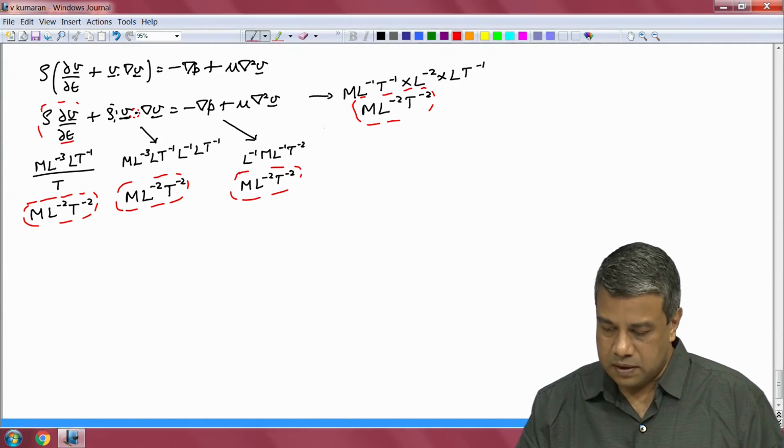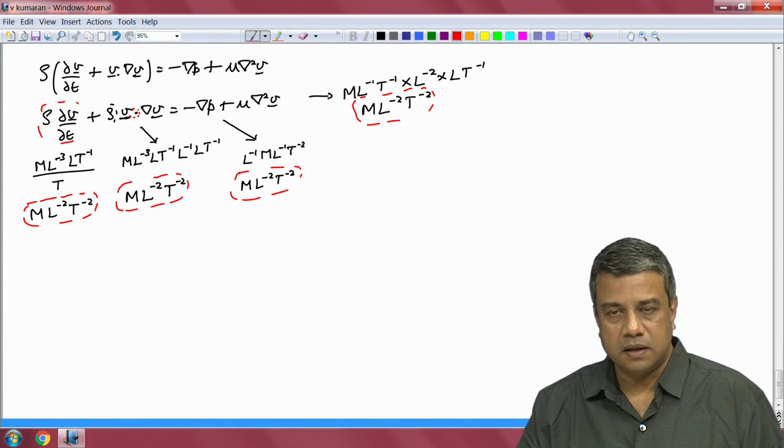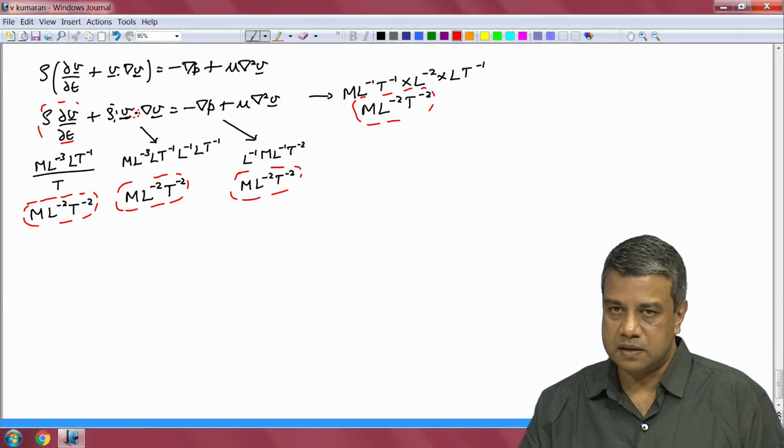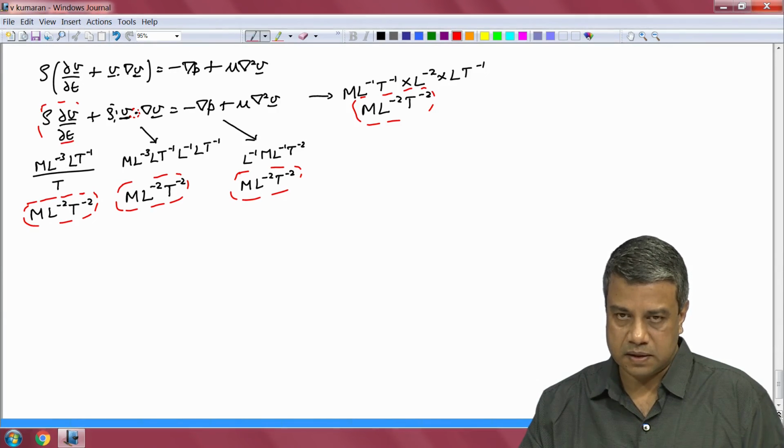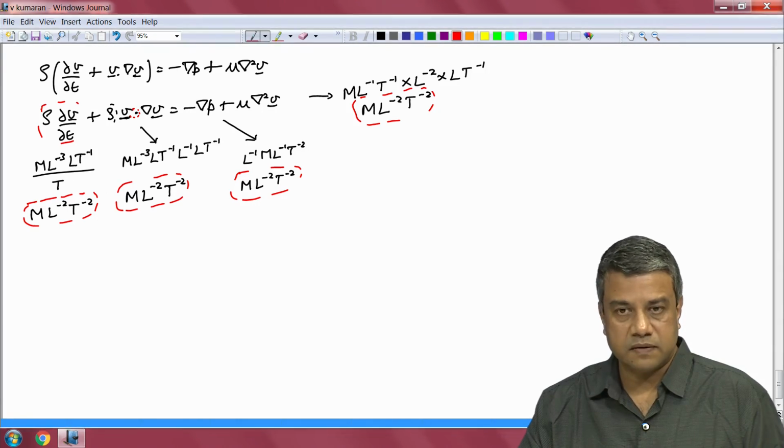So, in an equation, all terms have to have the same dimension; derivatives have dimension, integrals have dimension. V is a vector. It has 3 components.